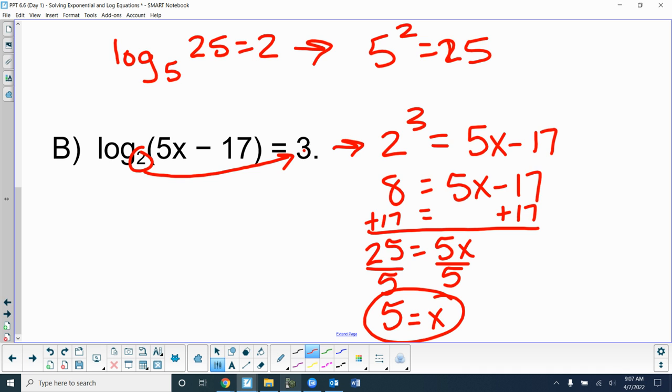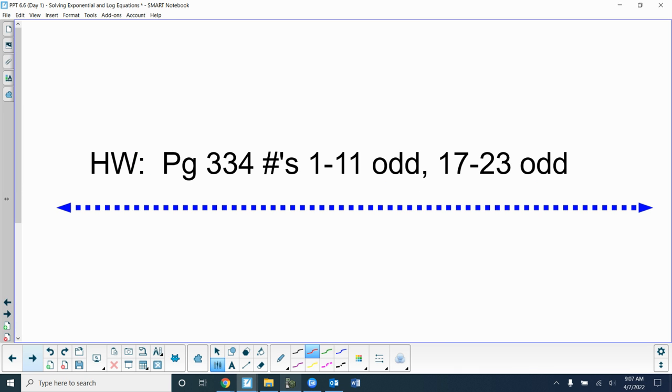So the exponential ones, we're going to put log in front of them and solve. The logarithmic ones, we're going to turn into exponentials like we did last week. And then solve for x. Simple.